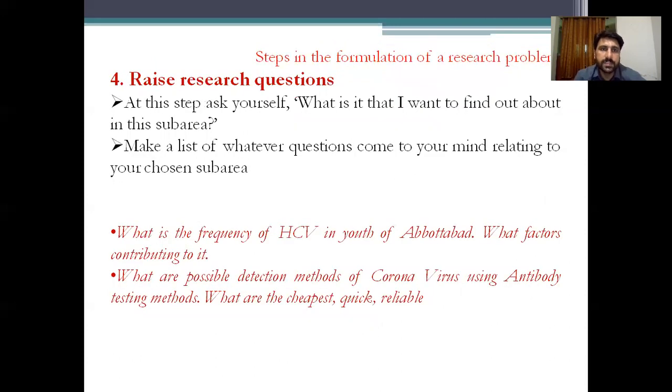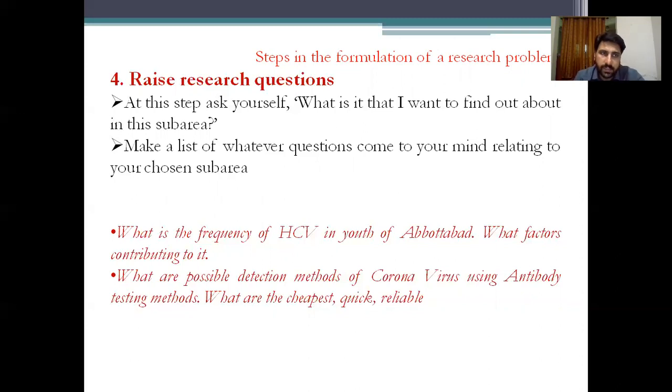Raise research questions. At this step, you ask yourself, what is it that I want to find out in this area? Make a list of whatever questions come into your mind relating to your selected area. For example, what is the frequency of HCV in youth of Aptabad, and what factors are contributing to it?